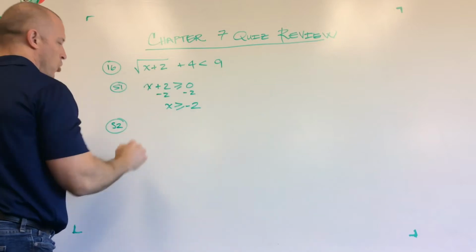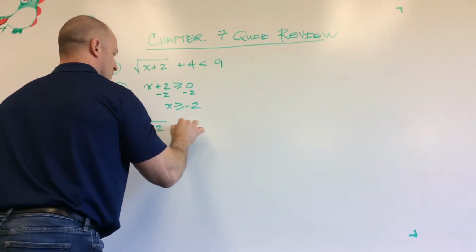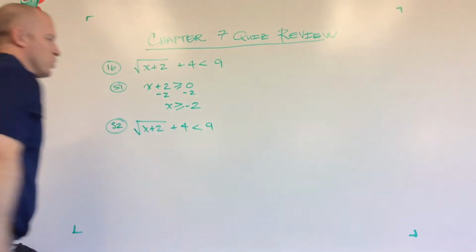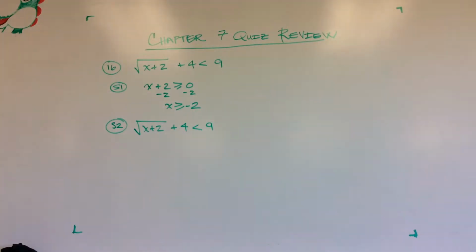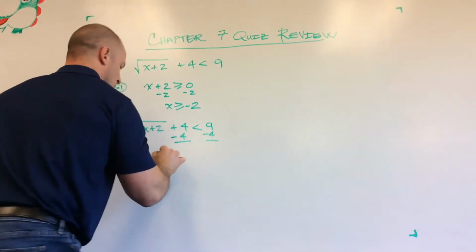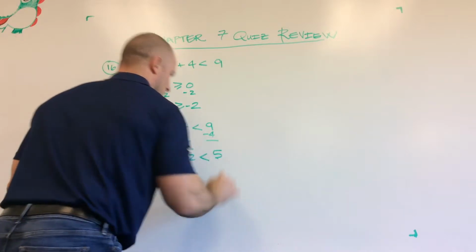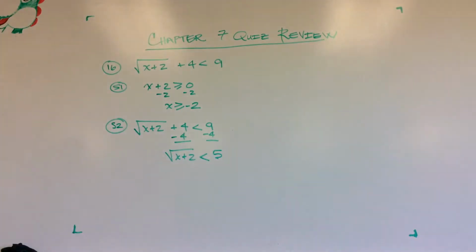So we're going to take the whole original equation and we will solve for x. Again, we'll need to isolate the radical. Square root of x plus 2 is less than 5.